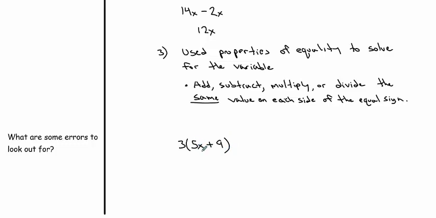And she thought that that was okay. She subtracted the 5x from this side, and she subtracted 5x from the other side. But this is more than 5x. This is 3 times 5x. So if she wanted to remove all the x's from this side, she would have had to subtract 15 x's.